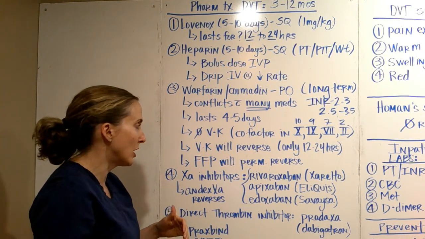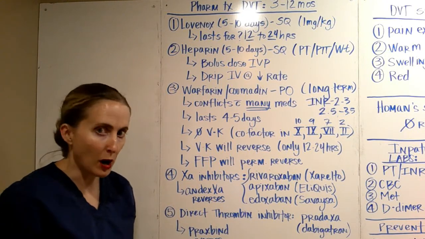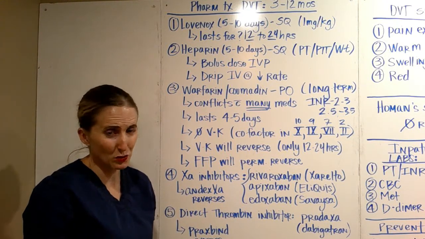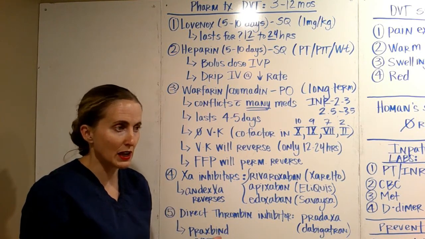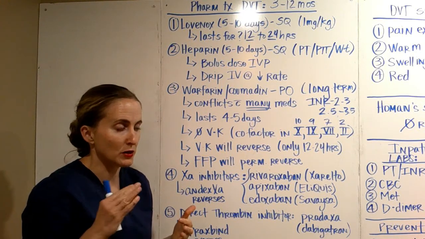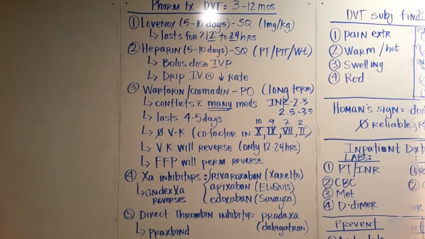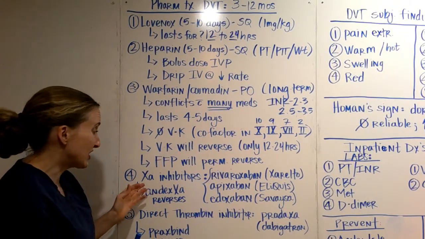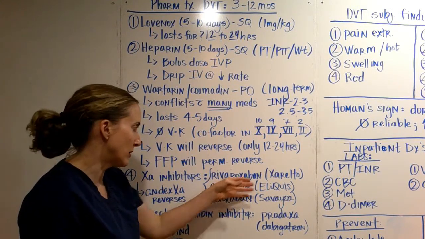Now we have other oral medications that are becoming a lot more popular because they don't conflict with a lot of different medications. You can give 1 dose and the amount of anticoagulation is the same. We have our factor 10A inhibitors, the newer ones, they all end in -aban.